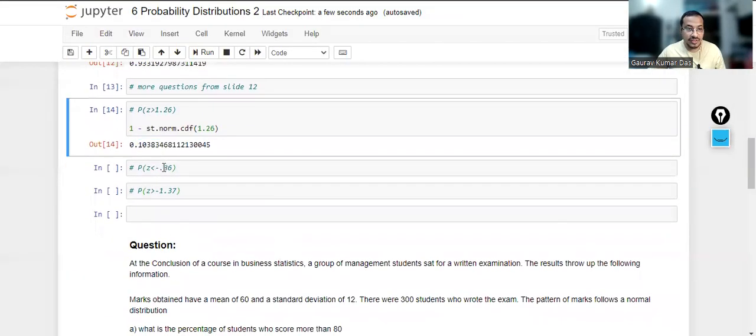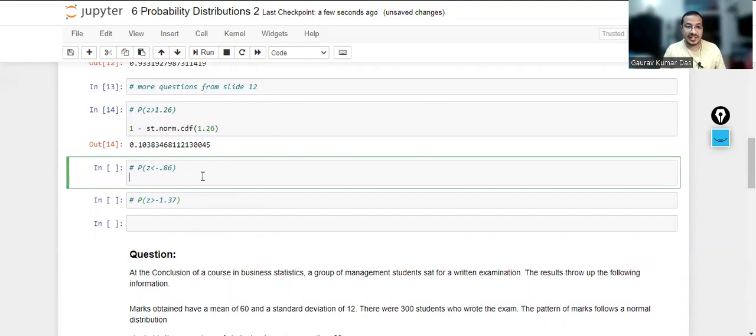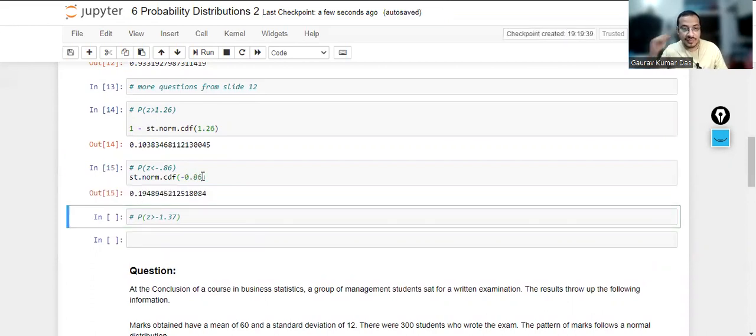Next, I have P of Z less than minus 0.86. Less than values are already calculated from the table. Let's see if we can directly calculate this. Minus 0.86, 19%.